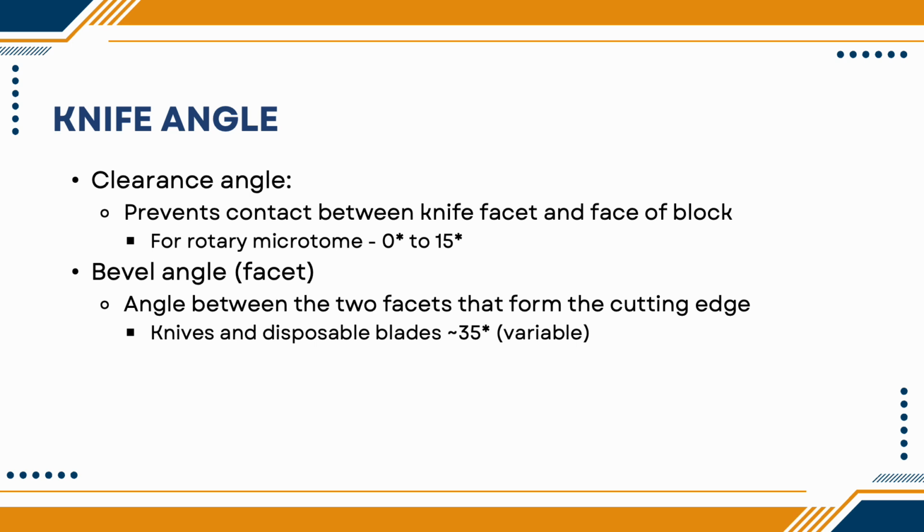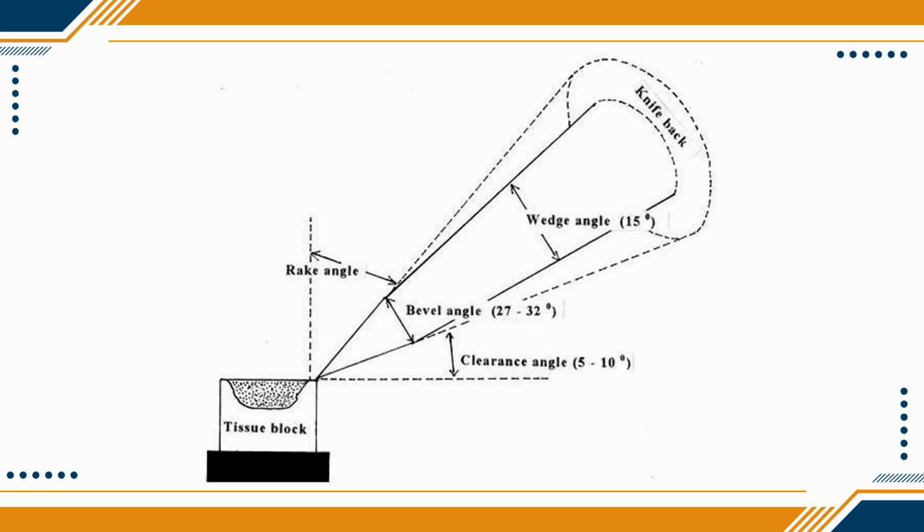So to better understand, let's look at the diagram. You have here your clearance angle. Ito po yung clearance angle natin. Again, the clearance angle prevents contact of the blade and the surface of the tissue block. Whereas ang bevel angle, this is the knife. Ito yung knife, no?